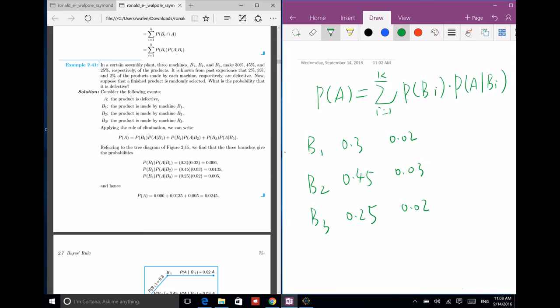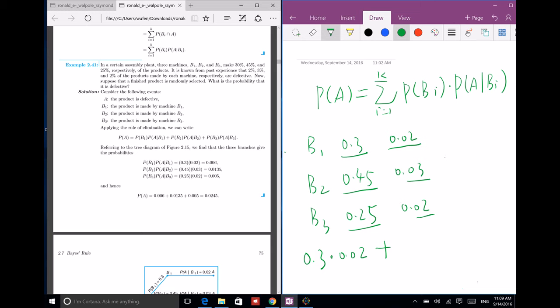Okay, so now we have a product coming out. What's the probability that the product is defective? So 30% from here, 2% is defective. 45% from here, 3% is defective. 25% from here, 2% is defective. So if a product is coming out, we're going to say the probability of this product being defective. What's the probability? From B1, 30% from B1, and 0.02 is defective.